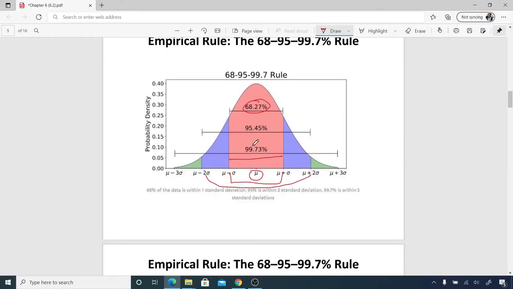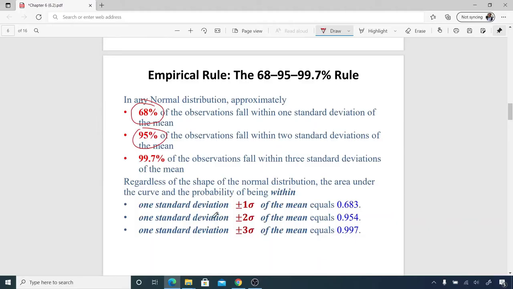All right? And similarly, about 99% of the observations fall within 3 standard deviations of the mean. So this is what we are saying.